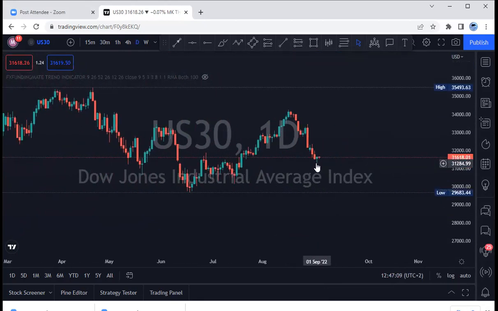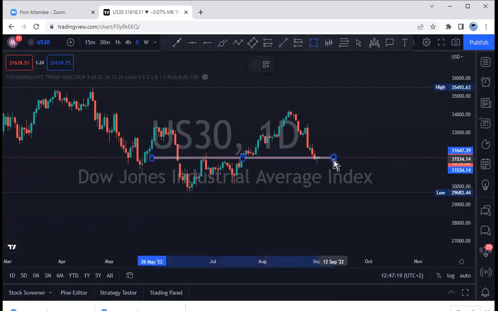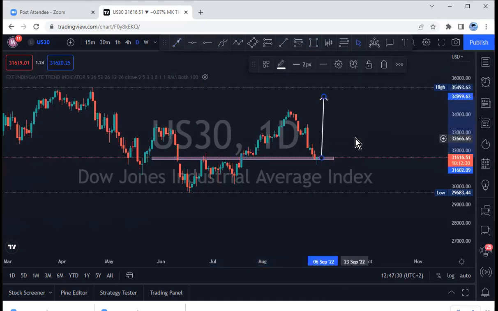It's a bullish candlestick. It's a, what do you call this? It's a hammer. If you check, we have ourselves a hammer at a support level. So chances of it going up are very, very high.